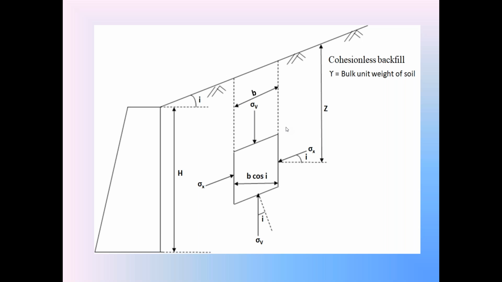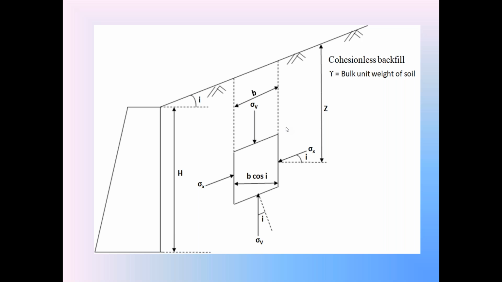Now everyone, please focus on that diagram, especially the backfill. So far, we discussed a number of conditions in the Rankine's active earth pressure theory: dry backfill with uniform soil, dry backfill with non-uniform soil, different locations of the water table, and also the surcharge condition.